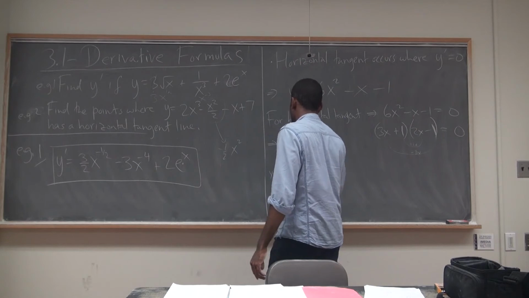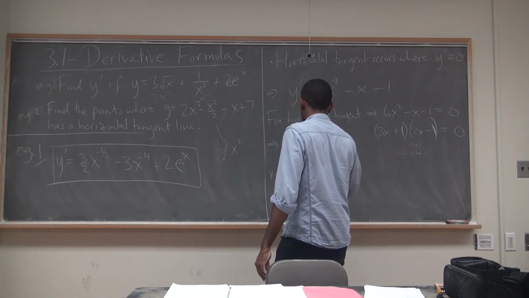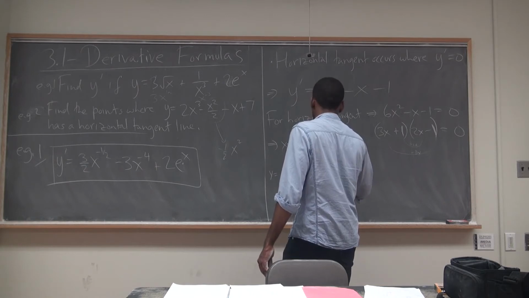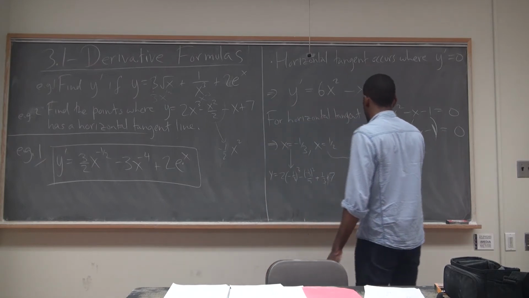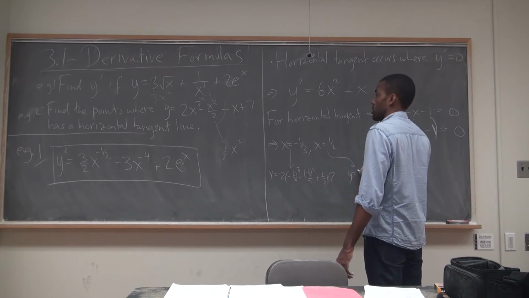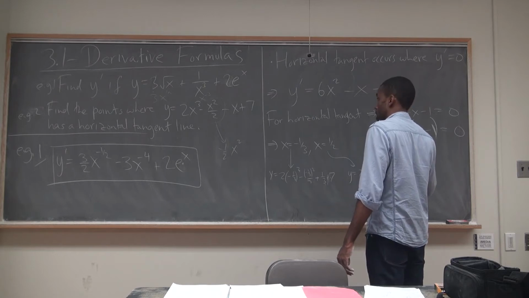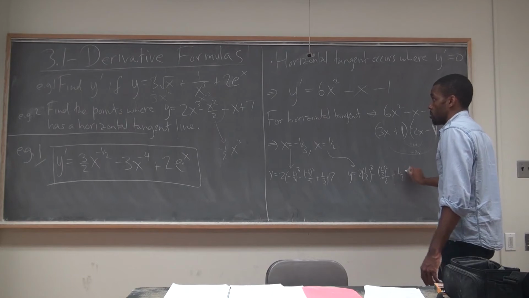I'd have 2 times minus a third cubed, minus minus a third squared over 2, minus minus a third, plus 7. For this one, you would have y equals 2 times a half cubed minus a half squared over 2 minus a half plus 7.